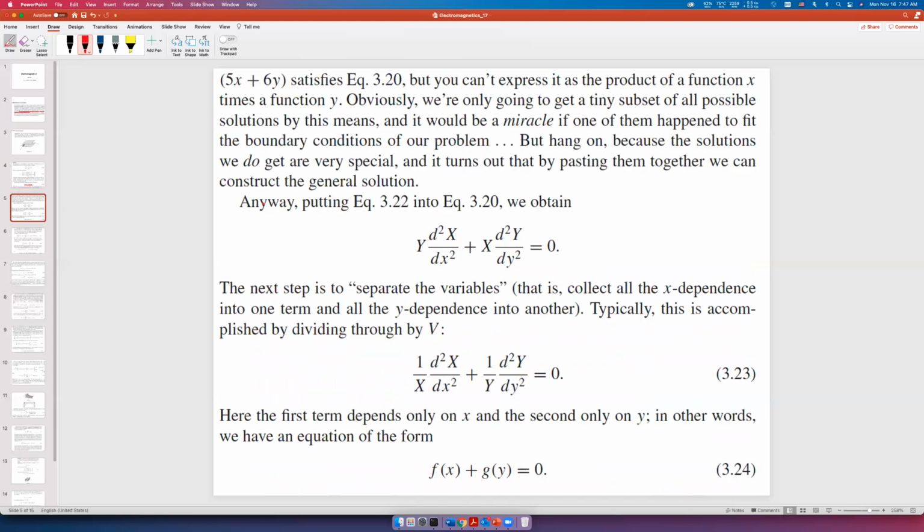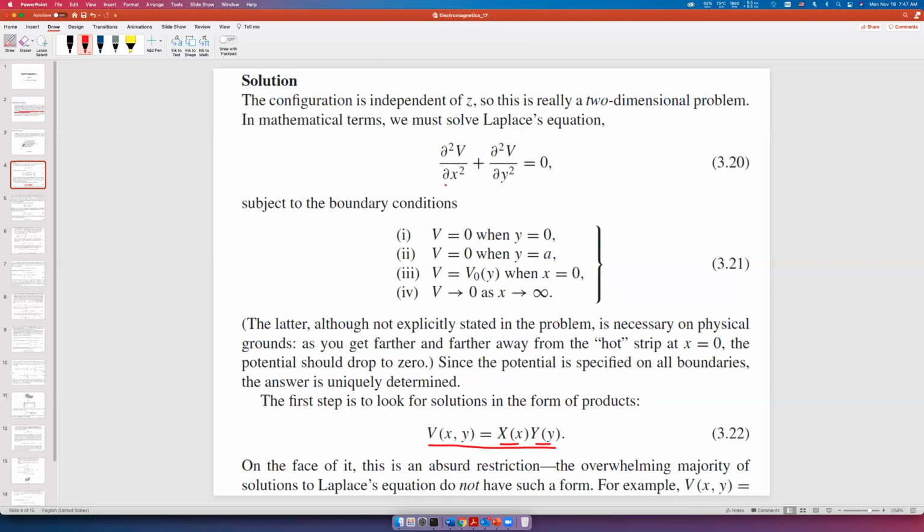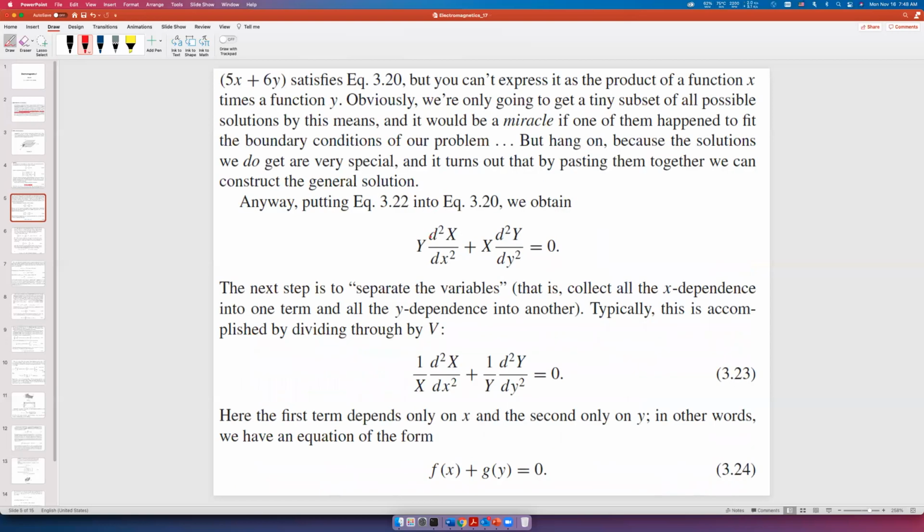And then if we put it into the Laplace equation, you will get Y d squared X over dx squared plus X d squared Y over dy squared equals 0.